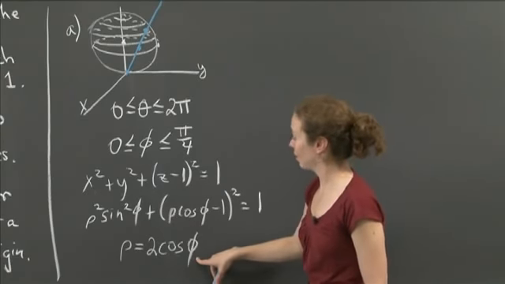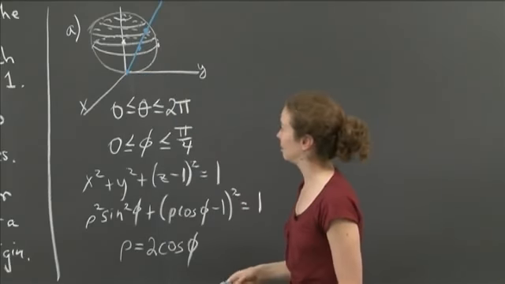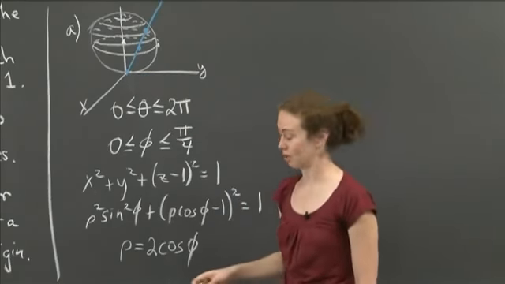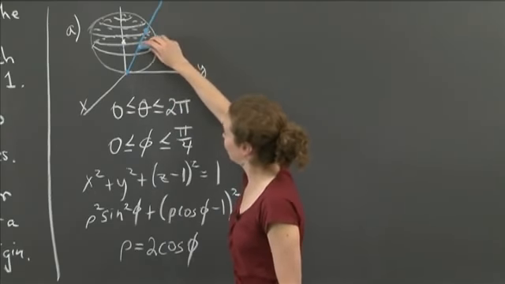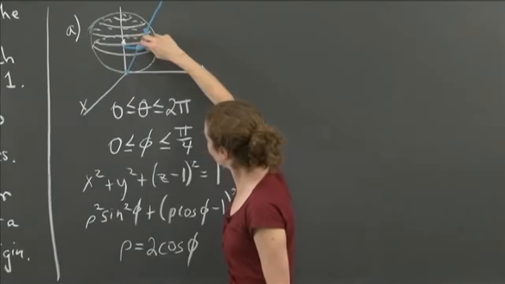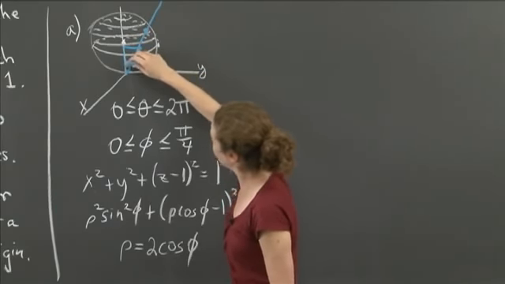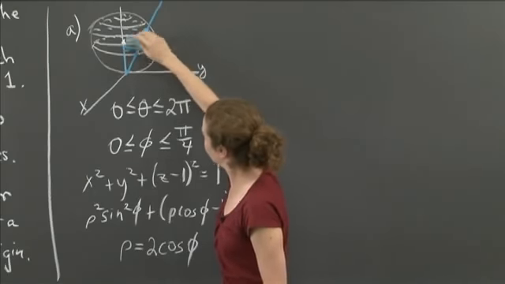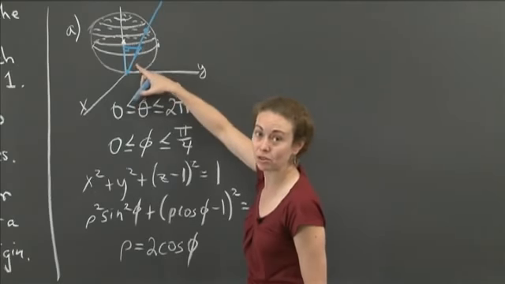And now I have to determine my inner boundary, right? And my inner boundary is actually quite simple. It's a very simple geometric thing. And so my inner boundary deals with the fact that if this is my plane z equals 1, and I look at this triangle I make right here, the bottom angle is phi, and this is a right angle, and this is the rho value I'm interested in, this hypotenuse, right?